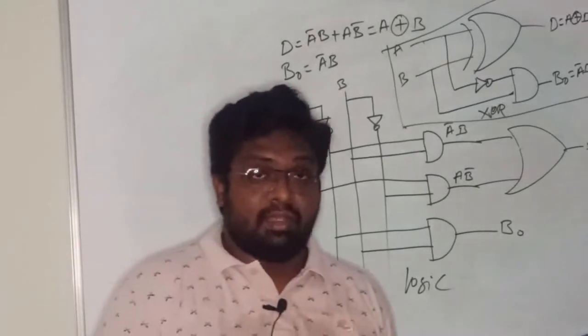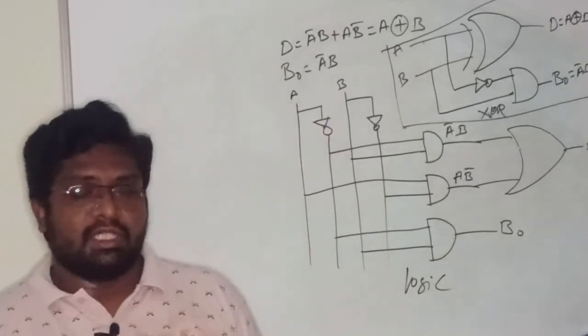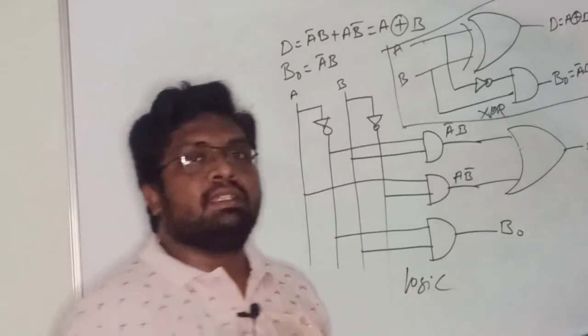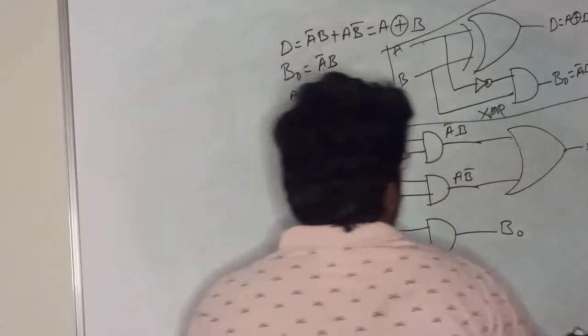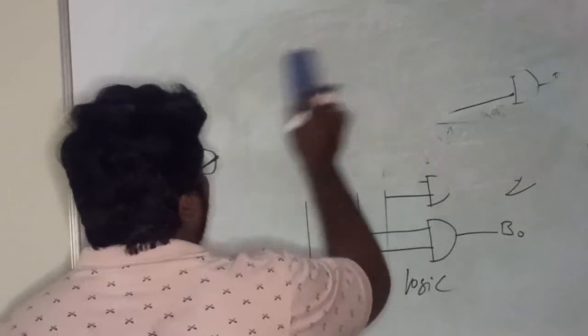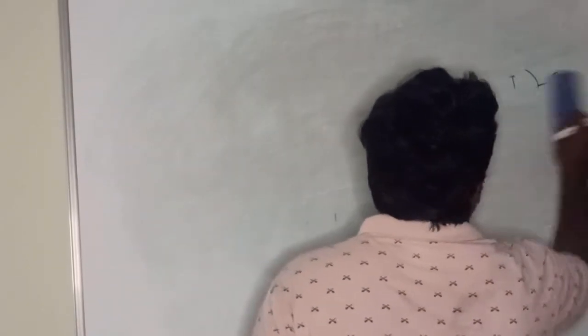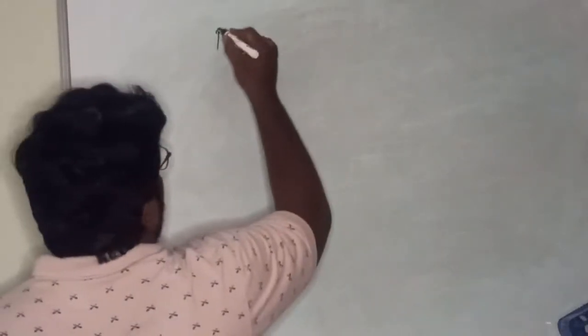A full subtractor, as we have discussed, is which performs the subtraction of 3 binary digits. So our next topic is a full subtractor.